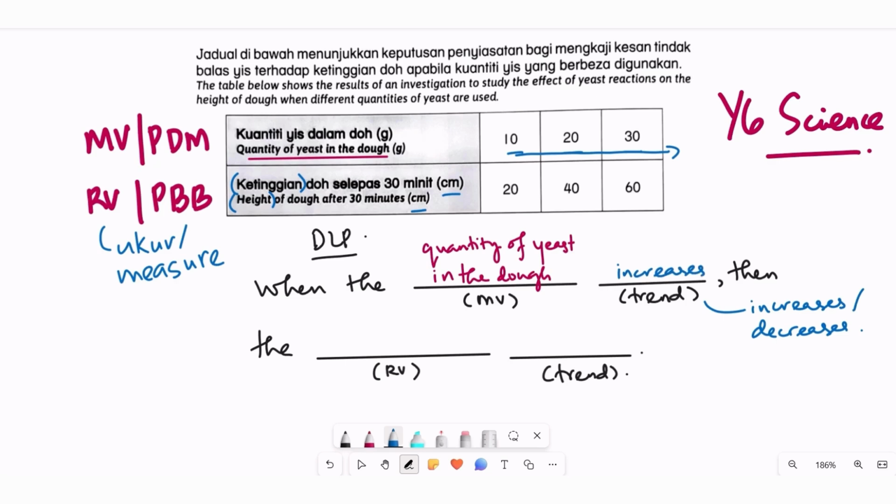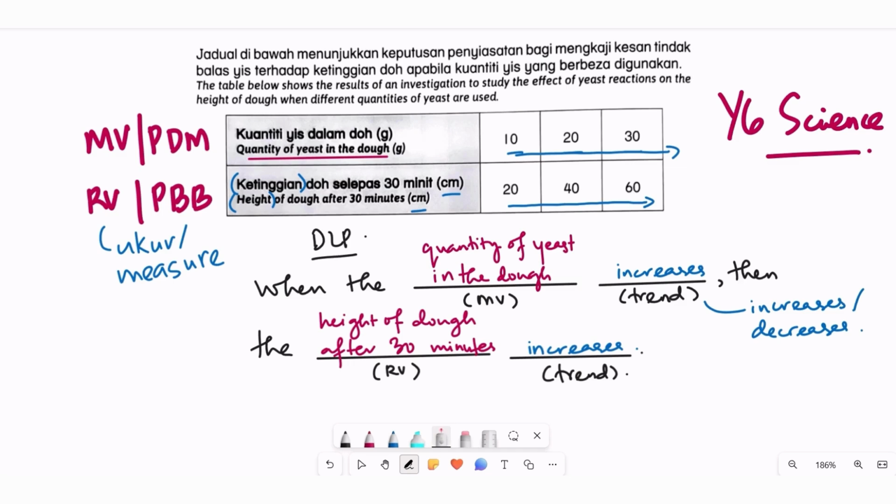Next we write the responding variable: the height of the dough after 30 minutes. And what's the trend? What's happening to the height? It's also increasing, so we write increases.